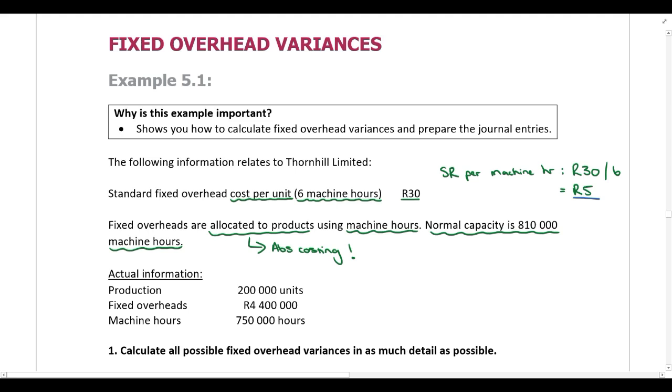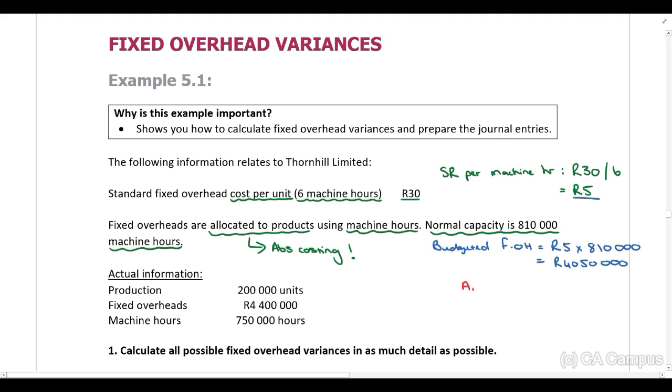So that's enough information to calculate the budgeted fixed overhead. Because the standard rate is 5 Rand per machine hour and normal capacity is 810,000 machine hours. So that gives us a budgeted fixed overhead of 4,050,000. And you can prove that.